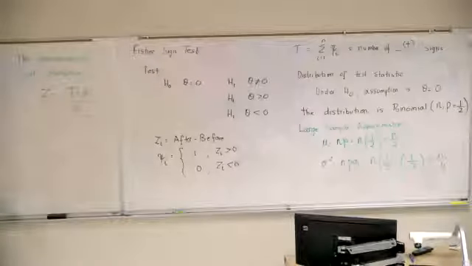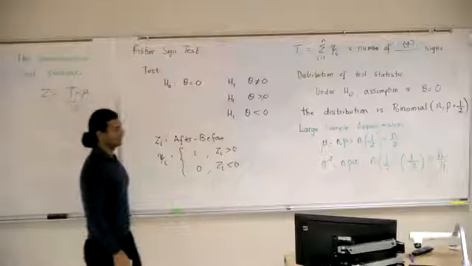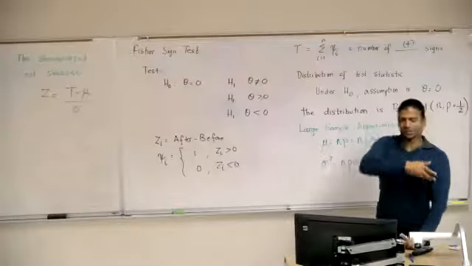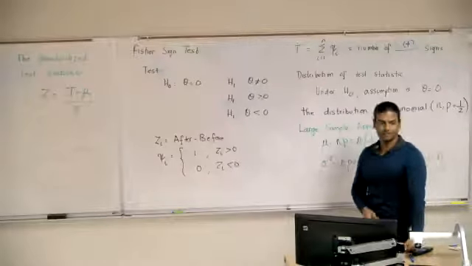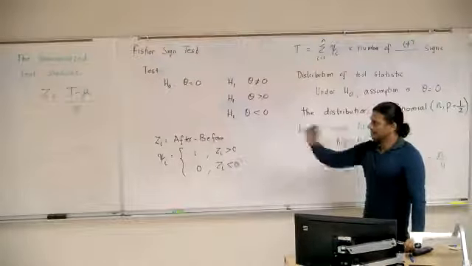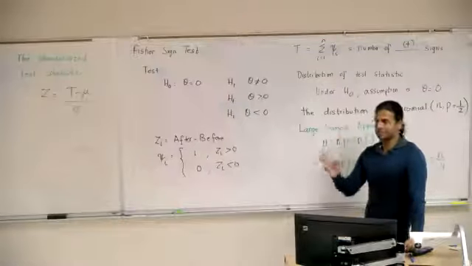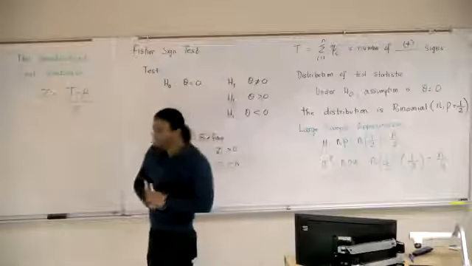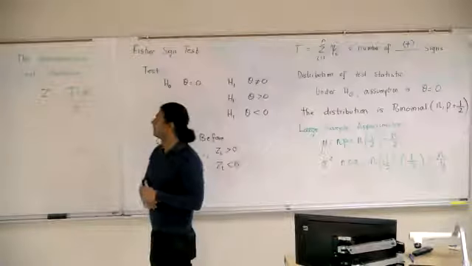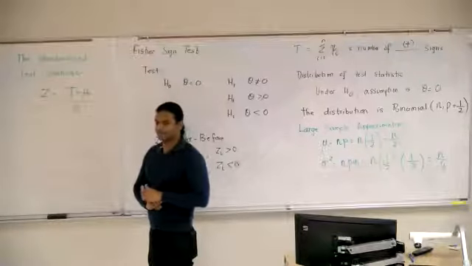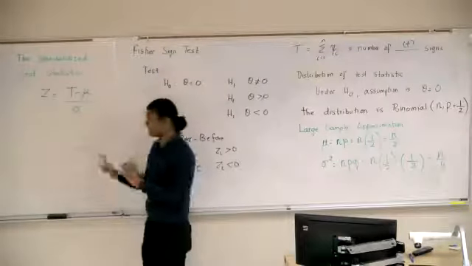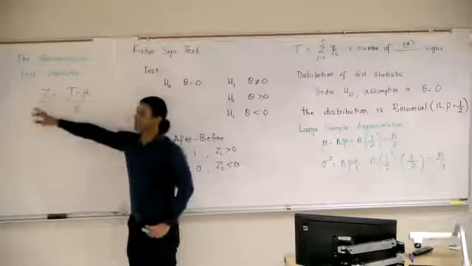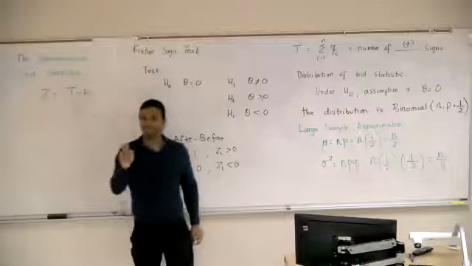What is the distribution of the standardized test statistic? What do we use? What did we use in chapter 2, chapter 3? Here it is T. I want to know what the distribution of the standardized test statistic is.